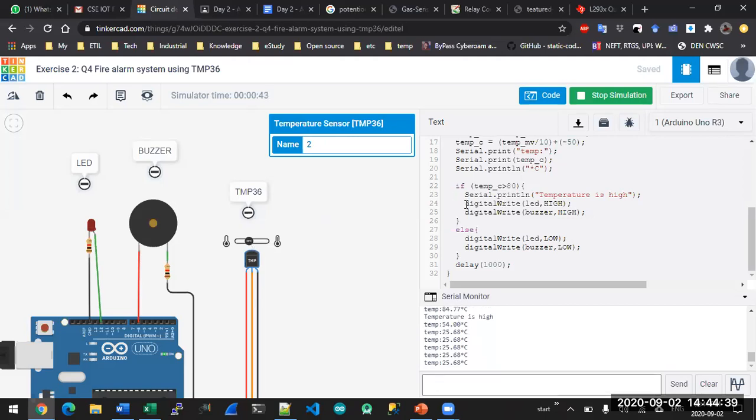So it is just simple digitalWrite statements. If the temperature is greater than 80, then digitalWrite LED and buzzer both HIGH, and else both LOW. So if you have any doubt in this, you can just post on the chat.